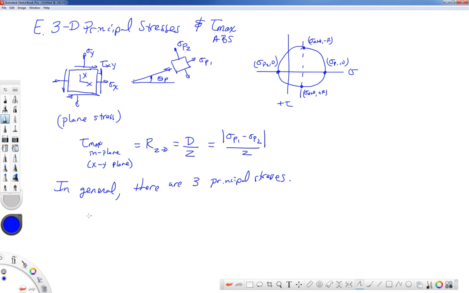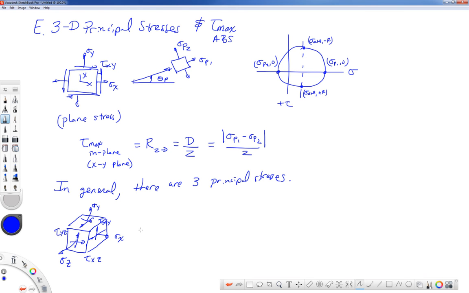Let me draw a cube of material. A more general stress state would have not only a sigma x, a sigma y, and a tau xy, but we could have a sigma z, a tau xz, and a tau yz on that cube of material.